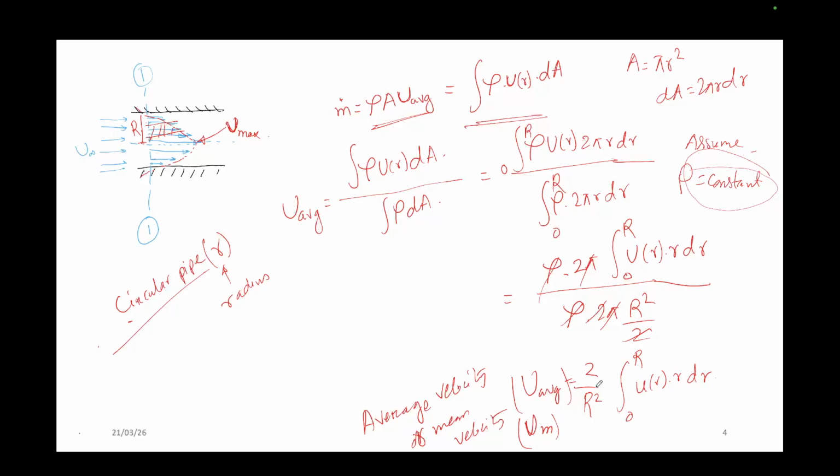So why have we studied this average velocity? Because if I talk about an incompressible flow with the same cross-sectional area, it is quite convenient for us to work with the average velocity to find out all these parameters like mass flow rate and all this. So that's how this is required.